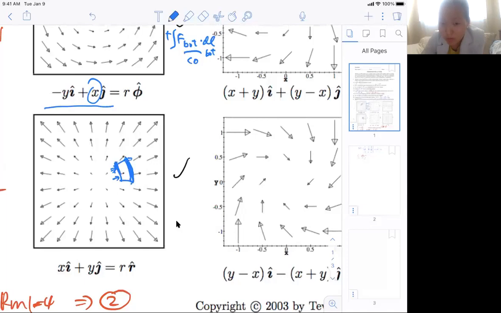F dot n, when n is still perpendicular going through the page, doesn't that come out to 0? And then we have 0 times dS.